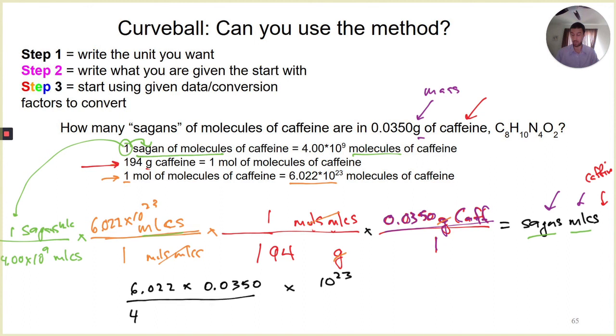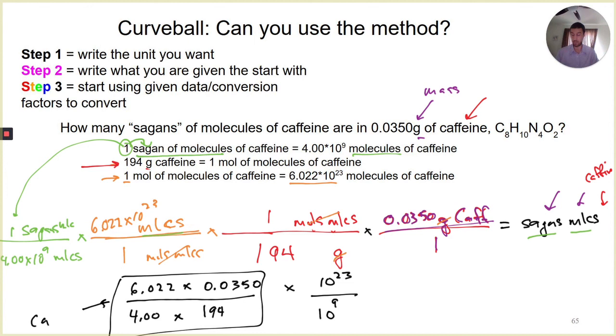Then divide by 4.00 times 1.94, and pull the 10 to the 9th out over here. This number is what I would throw into the calculator.